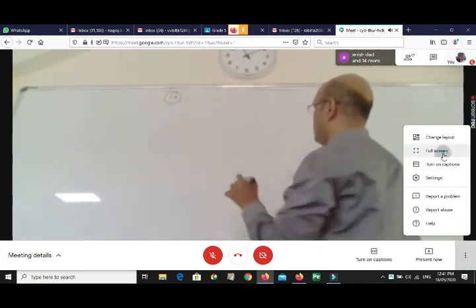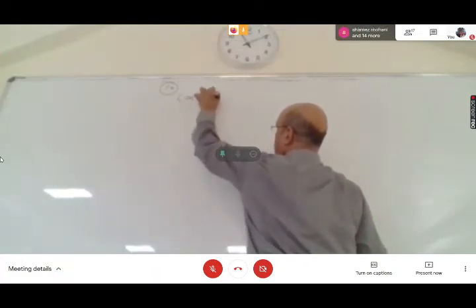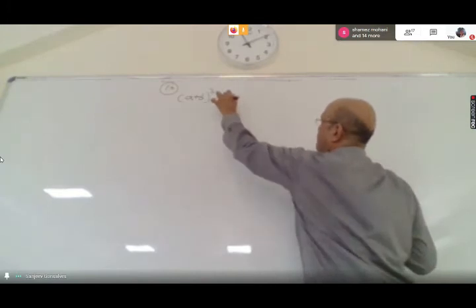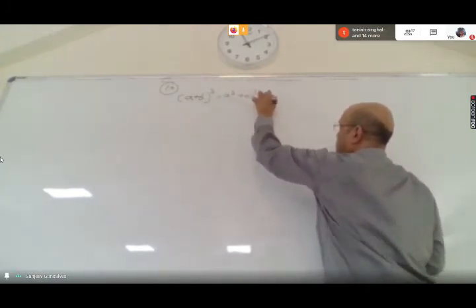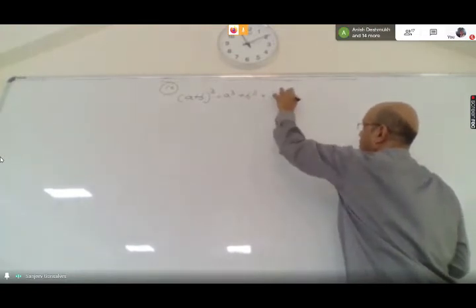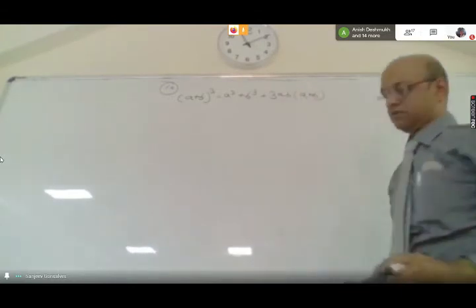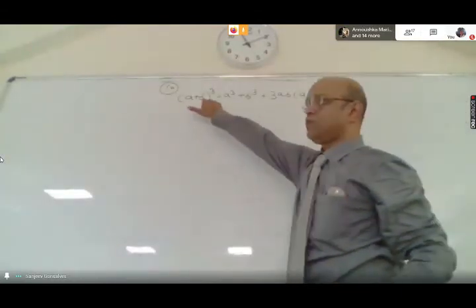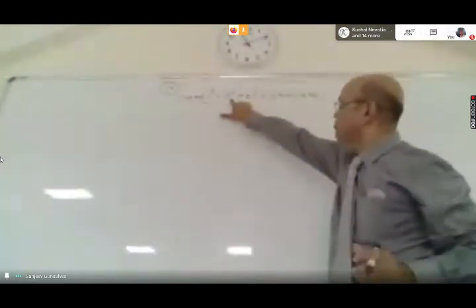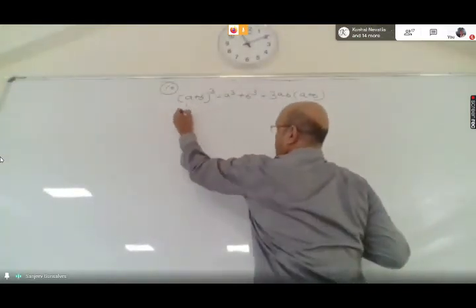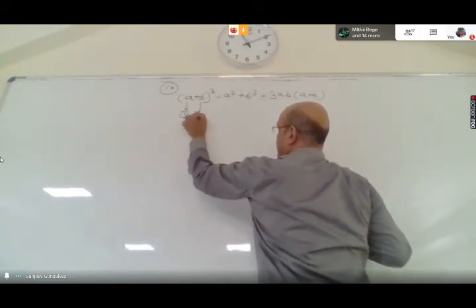10th is (a plus b) whole bracket cube equals a cube plus b cube plus 3ab inside the bracket (a plus b). (a plus b) whole bracket cube: this is your first term, this is your second term.